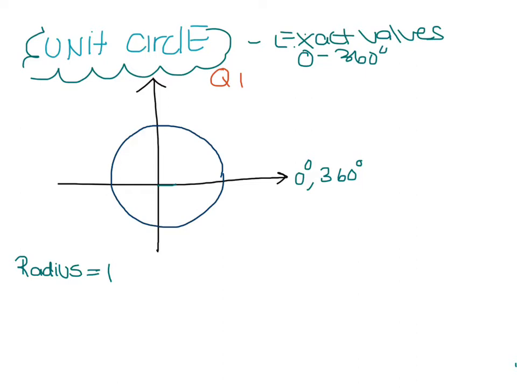And angles that are less than 90 degrees would only fall in quadrant 1. Anything greater than 90 would fall in either quadrant 2, 3, or 4. So if we keep in mind that this unit circle has a radius of 1, that tells me that this point on the circle would have the coordinates of 1 and 0, because the distance from the center of the circle to a point on the circle would be exactly 1, since it's the radius.